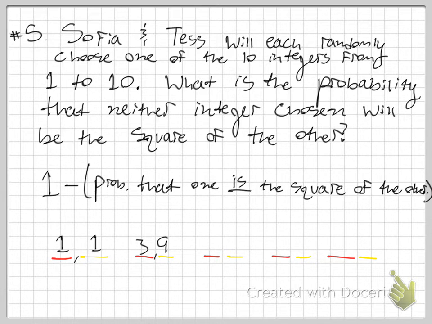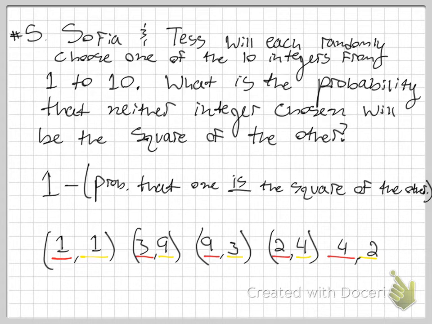Or if Sophia gets the 9 and Tess gets the 3. Or if Sophia gets a 2 and Tess gets a 4. Or if Sophia gets a 4 and Tess gets a 2. So these are the 5 scenarios in which one of their selections is a square of the other person's selection.